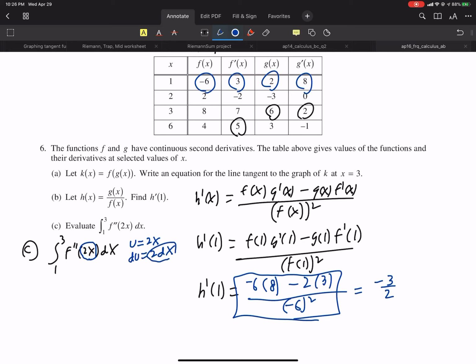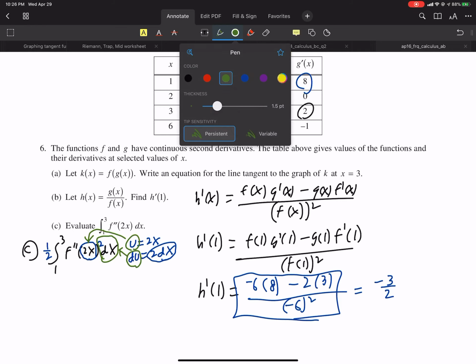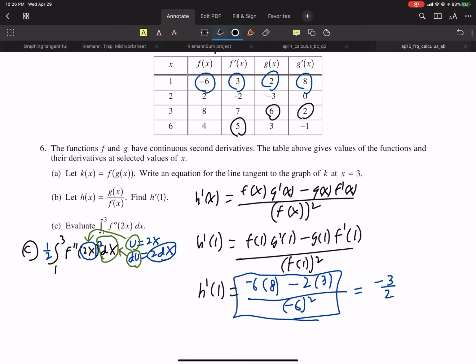Do I have a 2x dx? Now I do. So du will go in for 2 dx. Bam. And u will go in for 2x. And now we're on our way to good things.